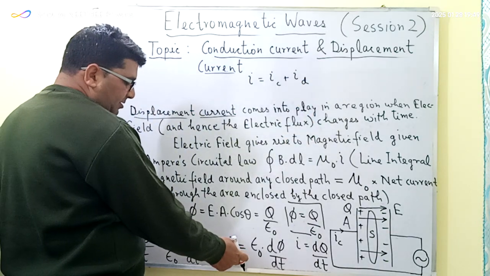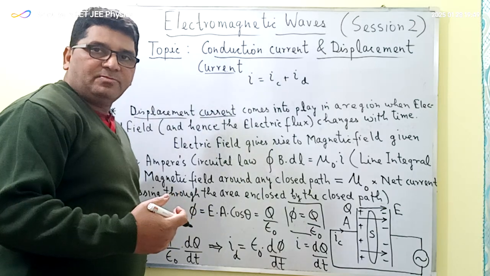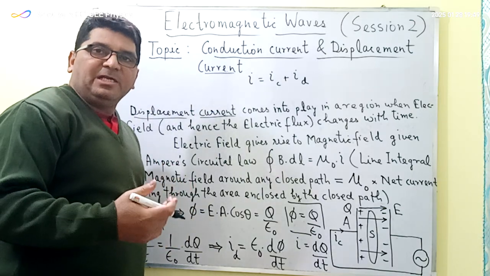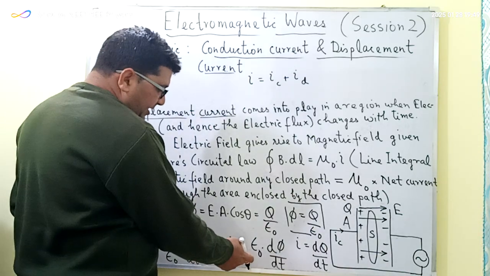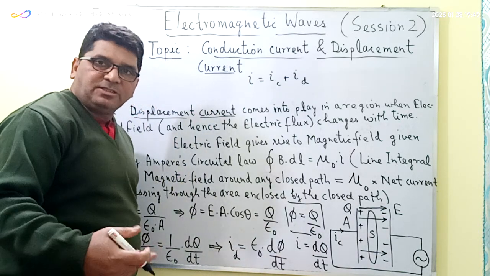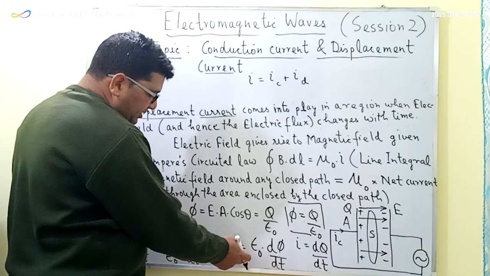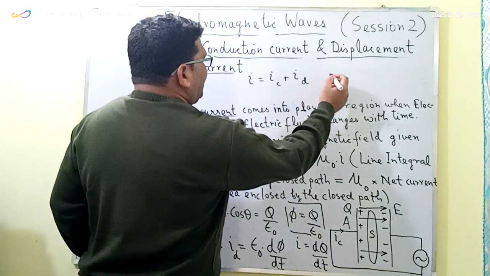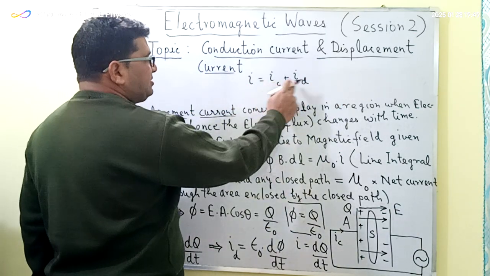Now this word displacement current has been derived from the fact that the change in the electric field is also called the electrical displacement. Since this current is generated due to the change in the electric field, or due to the electrical displacement, therefore this current is called the displacement current.